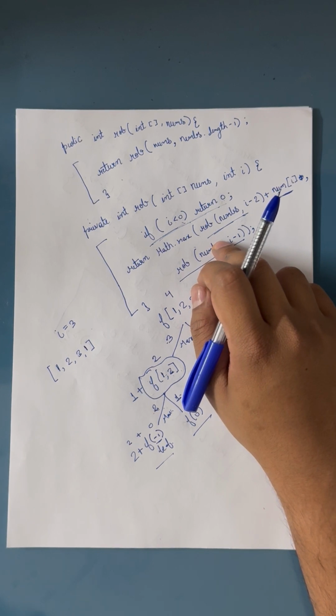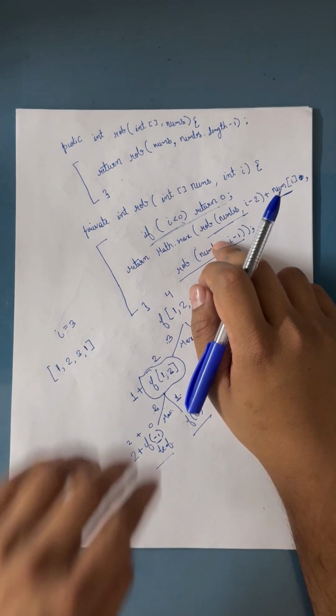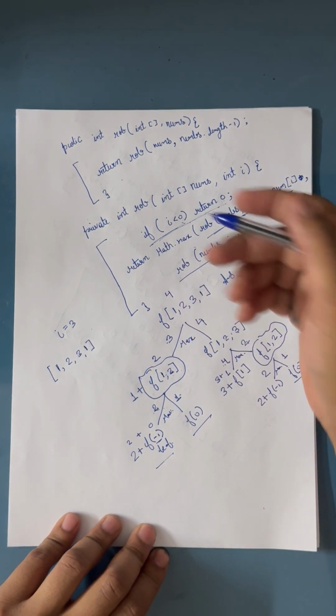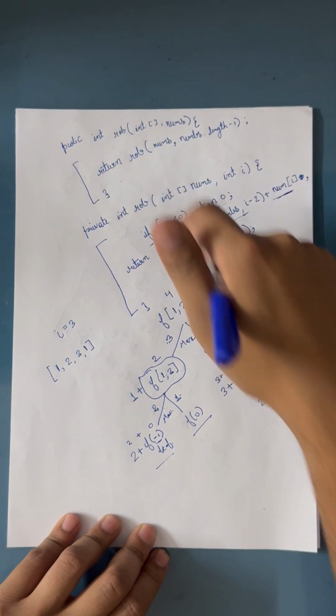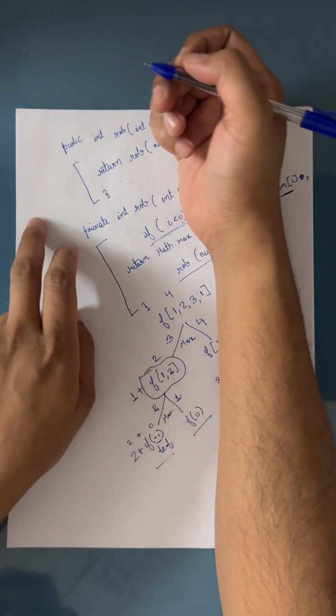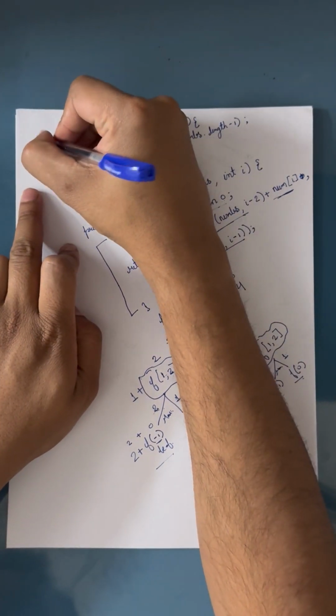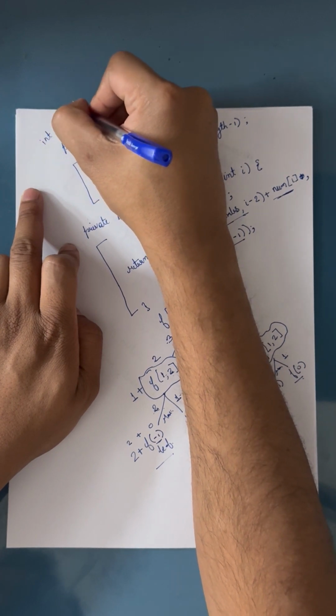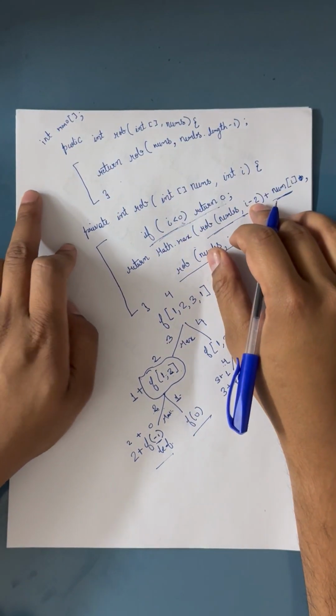How to include memoization? It's a very easy task. What you will do here, you will just create an array. I'm explaining in this code only. So I will just create a memory array, something called memo or anything.